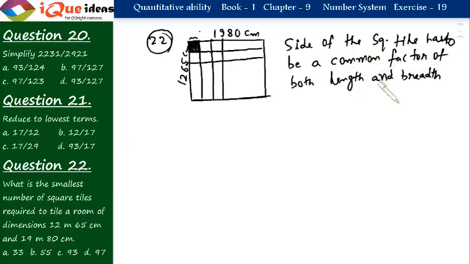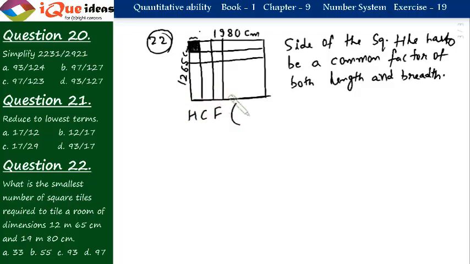All right. Now, also we need to find the smallest number of square tiles. That means the size of the square should be the highest. For the number of tiles to be smallest, the size of the square should be the highest. So we need to consider the highest common factor to be the side of the square.